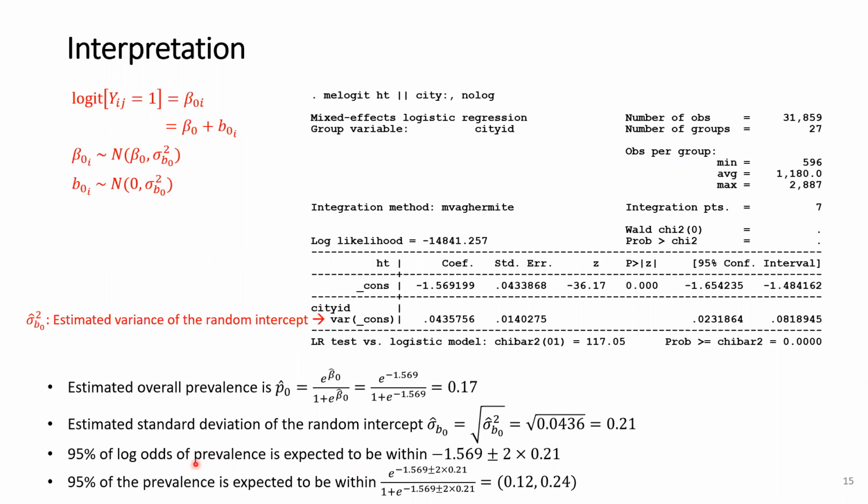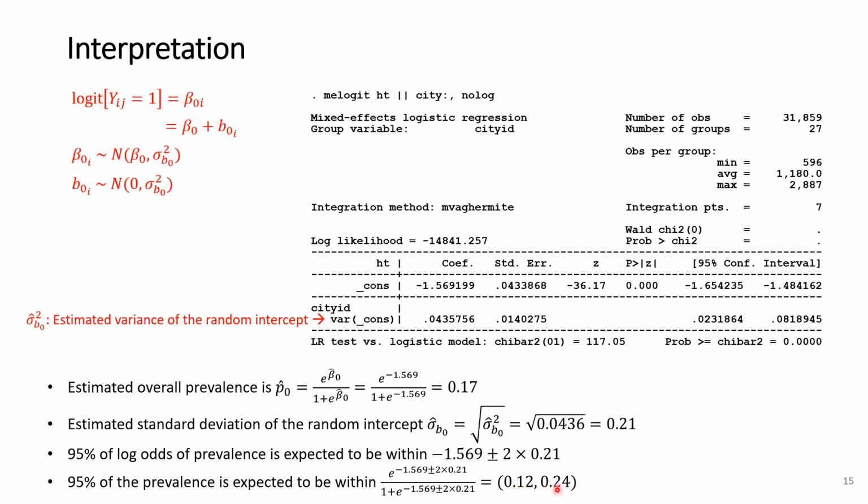So this is in log odds scale. So we take inverse logit of this number so that we can talk in probability scale. So 95% of prevalence is expected to be within 12% and 24%, right?